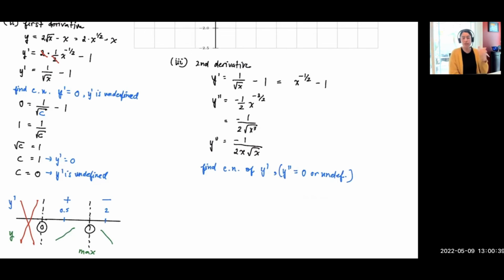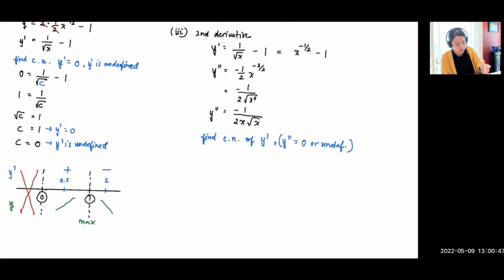It's really important we understand that we're repeating this process of critical numbers, but only to the first and second derivative. So in order to do that, we have to set the second derivative equal to 0.